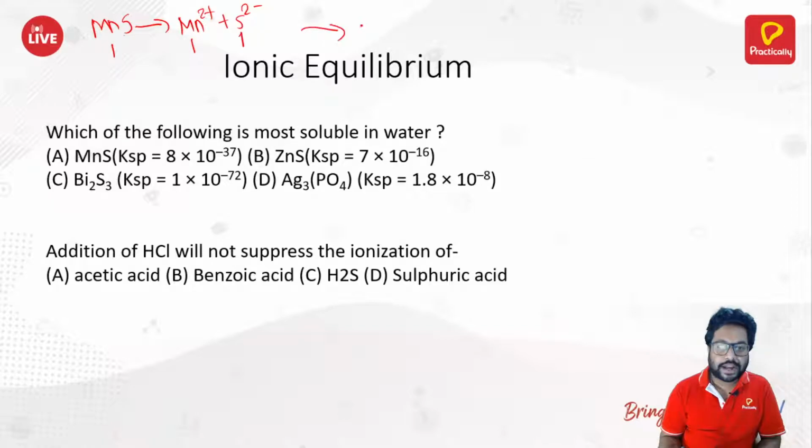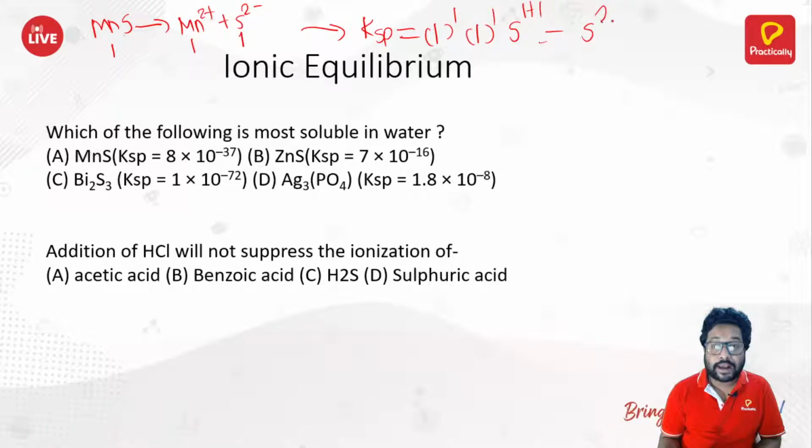Then how can we find out the Ksp? The value for Ksp is 1 to the power 1, then 1 to the power 1, times S raised to 1 plus 1. That is our formula. So 1, 1, 1 remains 1, and S to the power 1 plus 1 remains S squared.